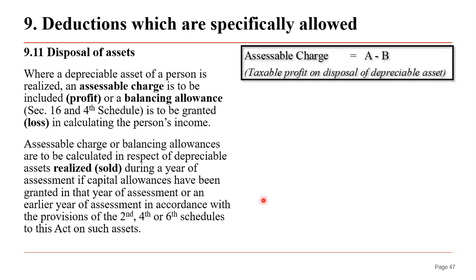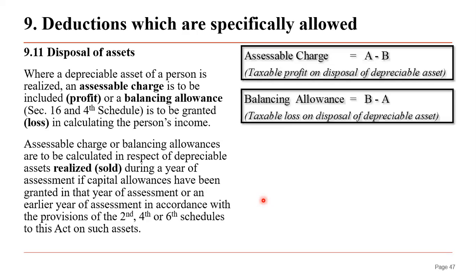The assessable charge is A minus B, the taxable profit on disposal of depreciable asset. The balancing allowance is B minus A, the taxable loss on disposal of depreciable asset.